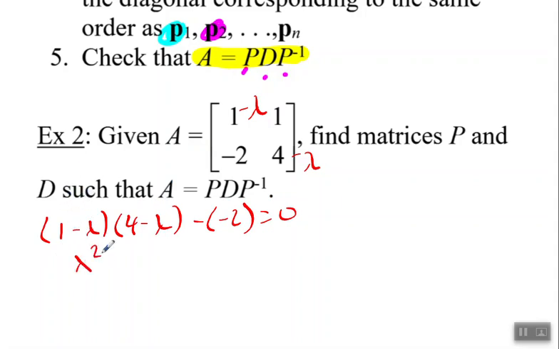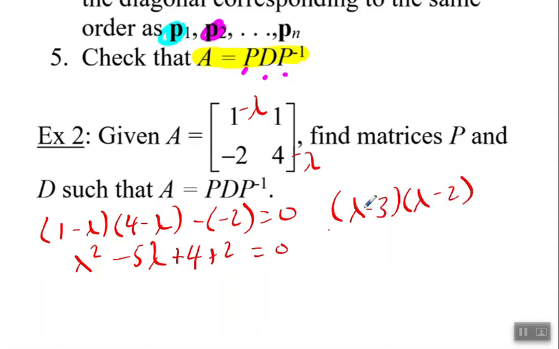This is obviously going to give you lambda squared minus 5 lambda plus 4 plus 2. Then we factor that: lambda minus 3 and lambda minus 2. So we have our two eigenvalues.